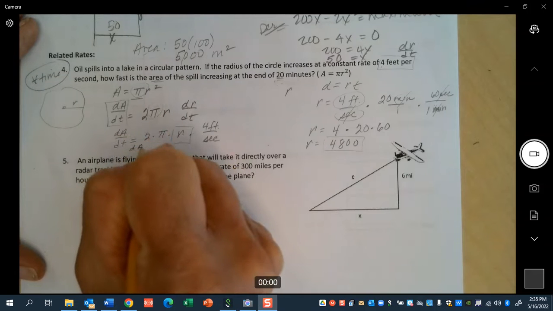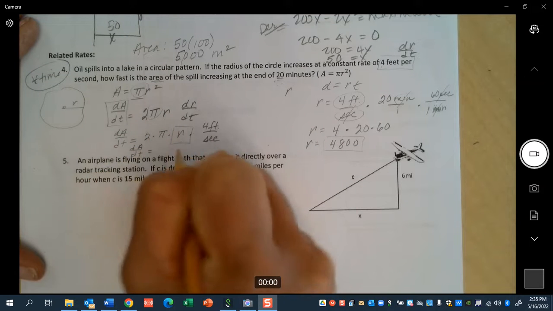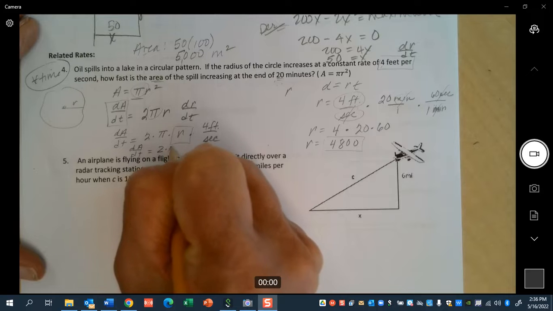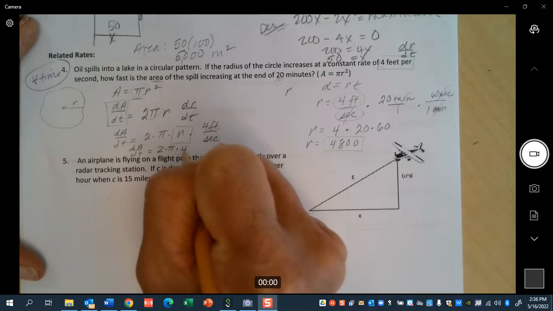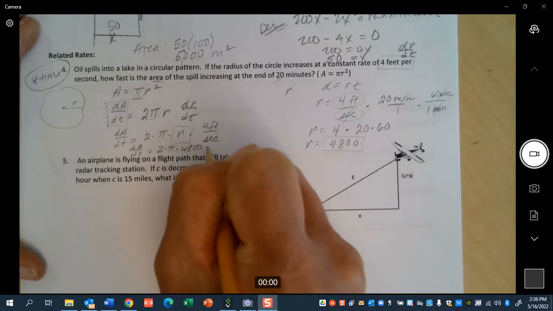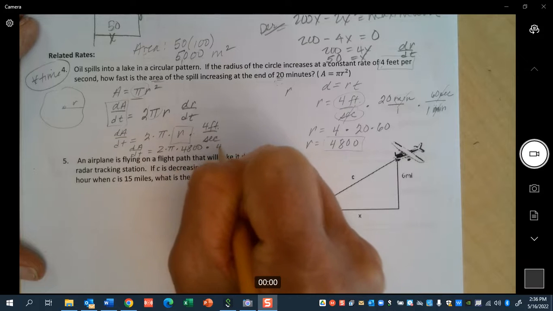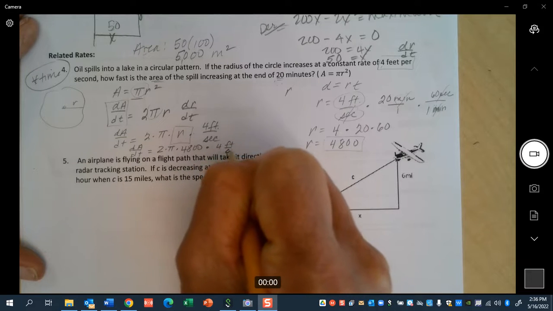So my change in area with respect to time is equal to 2 times pi times 4,800 times 4 feet per second.